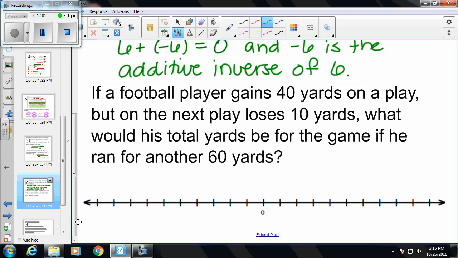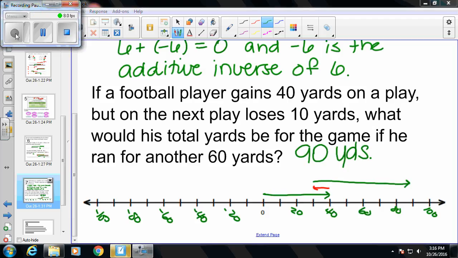Feel free to put the numbers on it, and we'll meet back. I got 90 yards. If you look, I have a lot more positive, I drew it in green, than red, which is negative. I have definitely more positive than negative, so my answer is a positive 90 yards. And just so you know, it is possible for a player to run negative yardage in a game. It's possible. He could lose yards on every play. Okay?